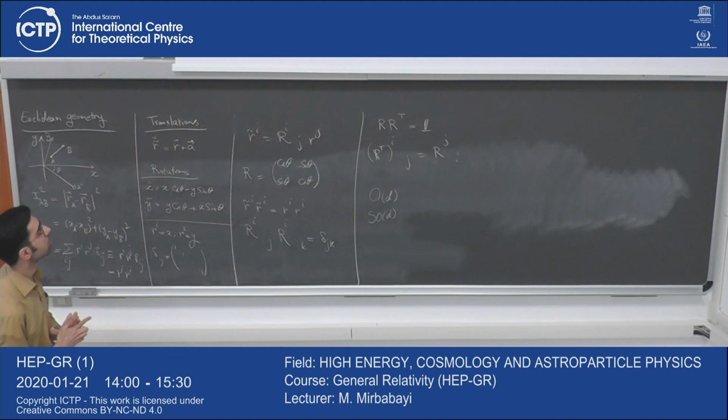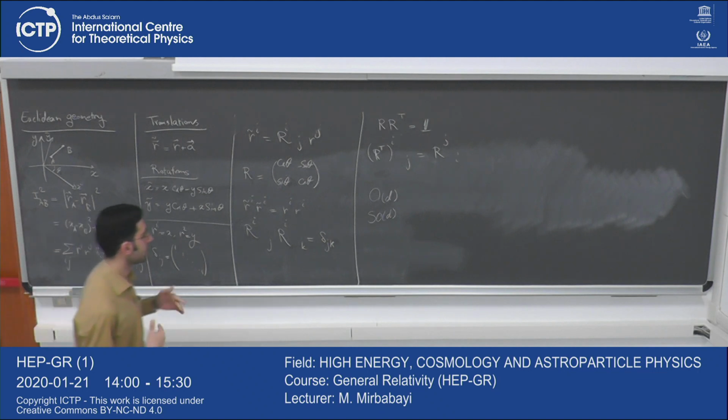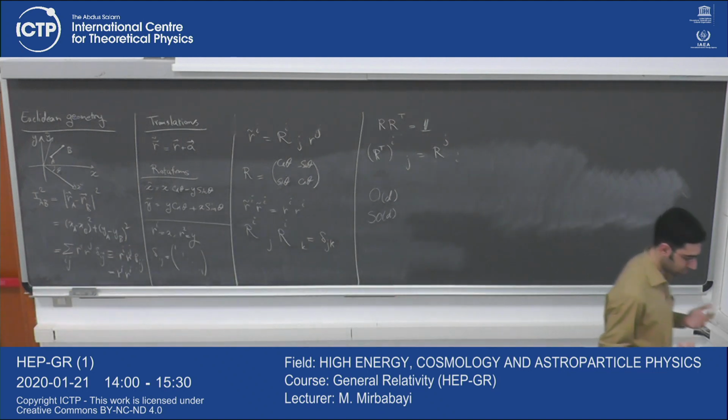Okay, so what else do I need to say about rotations? Another thing about continuous groups is that we usually talk about their dimensionality, which is defined by the number of real parameters that we need to describe an element. We said they are continuously connected to the unit element.